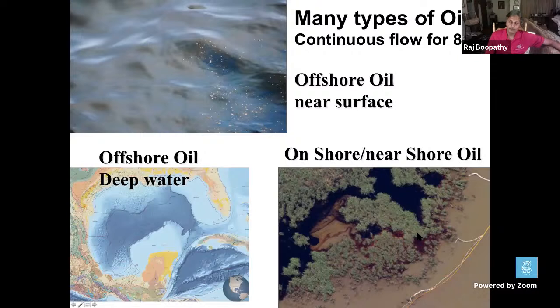Here are some pictures to show you the damage. You can see oil on the surface and on the shoreline. Most of the shore is wetland, salt marshes. Salt marshes are covered. And this is the Gulf of Mexico. Here's Florida. We have Louisiana right here. And this happened here. So the current took the oil everywhere.